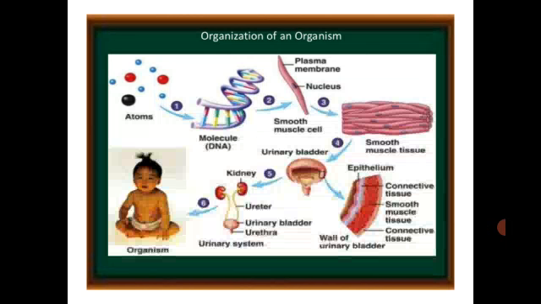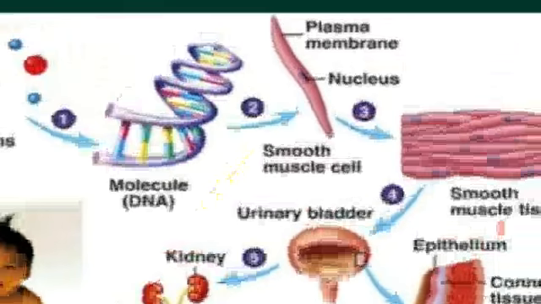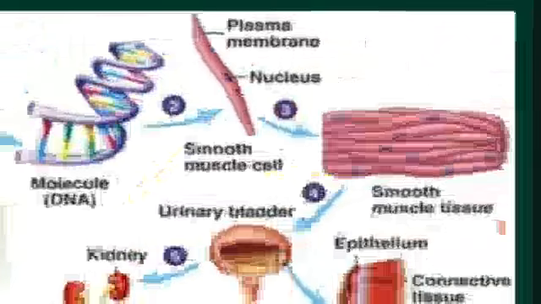In this picture you may see an atom, and different types of atoms make a molecule of DNA. You may see the helical structure of DNA, and this DNA, that is the hereditary material, is in smooth muscle cells, and then these muscle cells make muscle tissues, and then these muscle tissues make the urinary bladder.